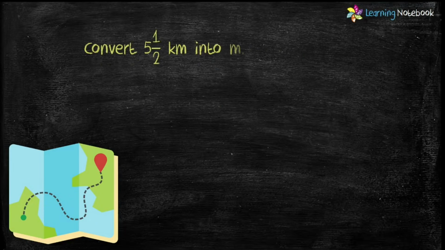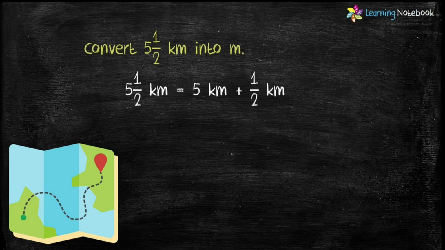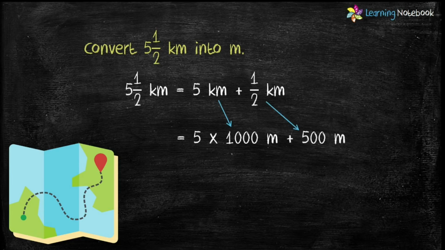Let's do last question. Convert 5 1/2 kilometer into meter. Students, 5 1/2 kilometer means 5 kilometer plus 1/2 kilometer. To convert 5 kilometer into meter, we will multiply by 1000. And half kilometer means 500 meter.